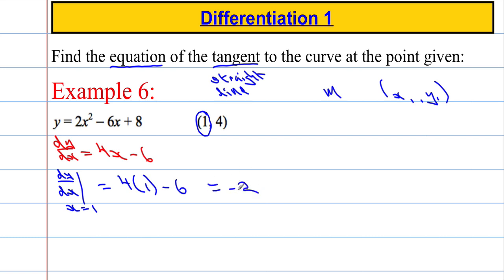So the gradient is -2. The gradient at that particular place is -2, and the point we're dealing with is 1, 4. So we're going to use y minus y1 equals m times x minus x1.